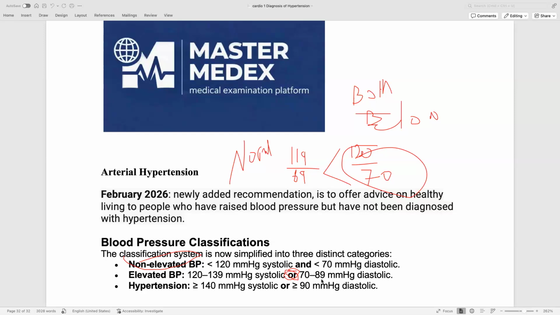So let's talk about the diet. At least 5 portions of fruit and vegetables daily. Whole grains rather than refined carbohydrate.